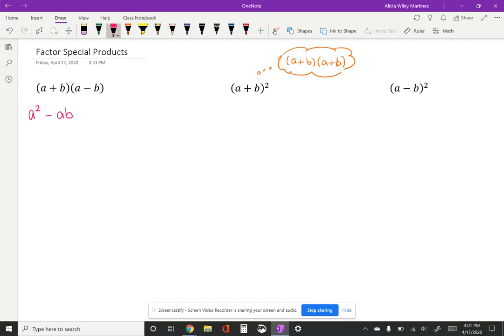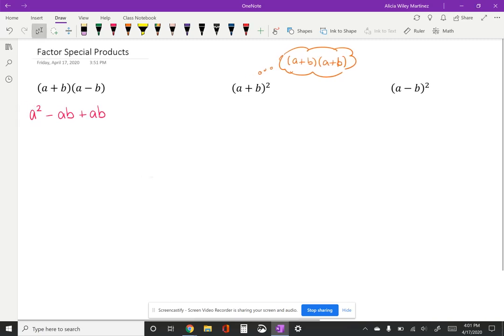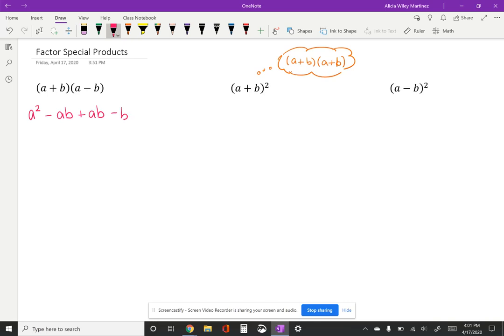Multiplying the inside terms together, I get positive AB, and multiplying the last terms together, I get minus B squared. Combining like terms, these would be my middle two terms, I get A squared minus B squared as my final answer.